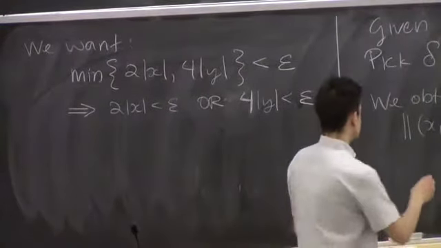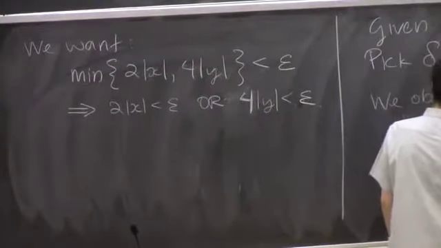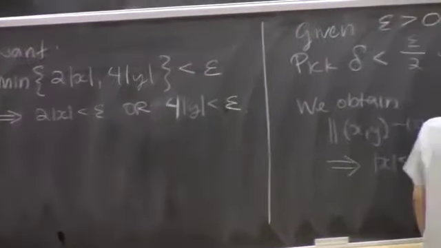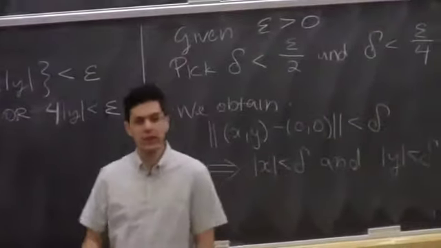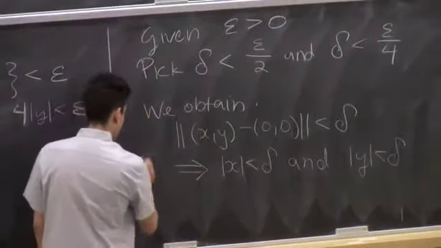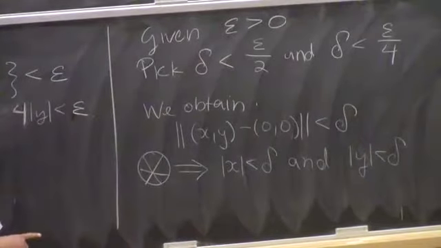If this is less than delta, then this step here, this implication, is our circle and box argument.